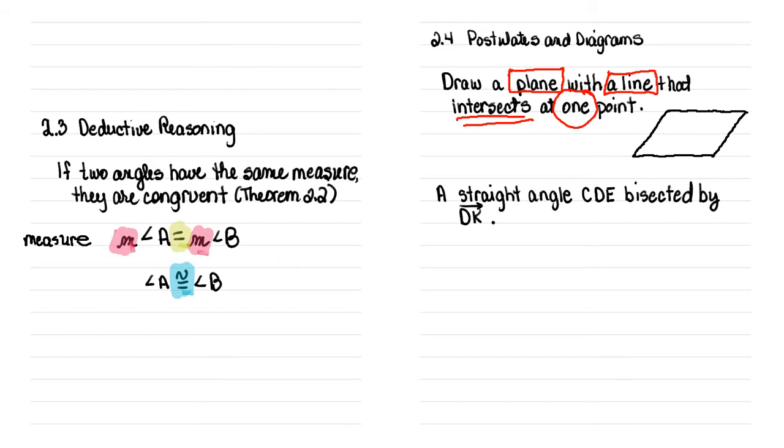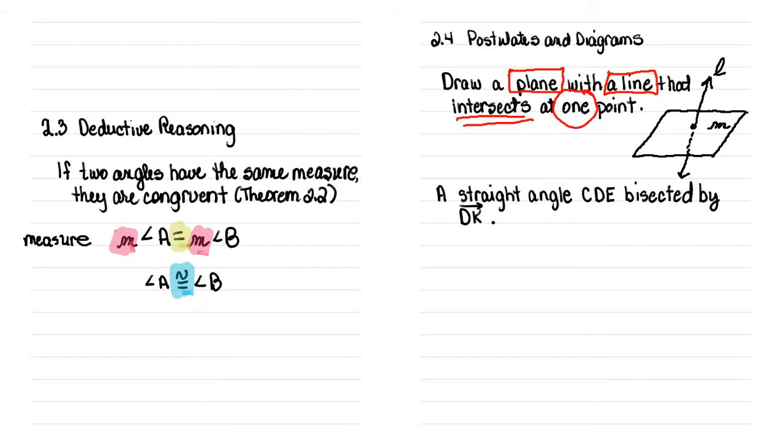All right, we need a line that intersects at just one point. So I'm going to make a point on the plane. And remember, anything that we could not see for real is dotted behind the shape. I'm going to call this line L, and we'll call this plane M.